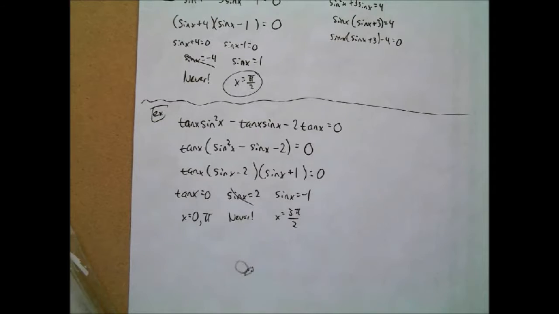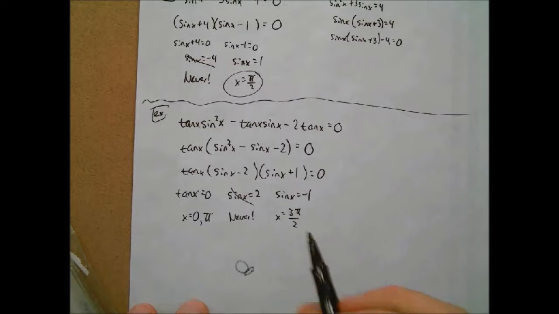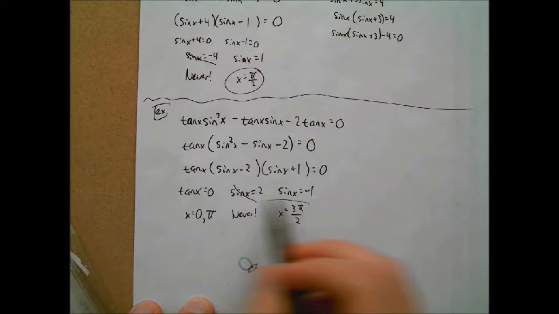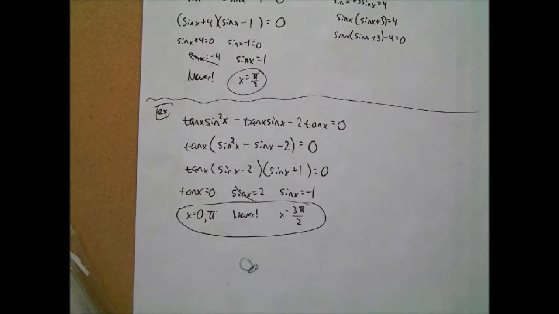So, -1, Brendan, right? Sine is the y coordinate on the unit circle here. -1 is right here on the unit circle, and that is 3 pi over 2. Correct. This is now sine. Yeah, we have to adjust because of the different factors. Okay, and there are solutions. So 0, pi, 3 pi over 2.